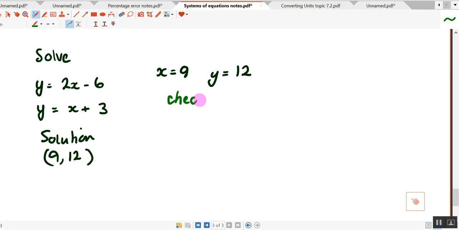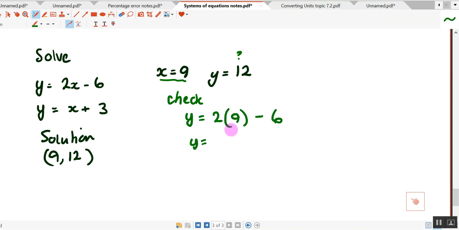Let's do a check. How can I check? Substitute the x for 9. Substitute it in. Let's do it. So let's substitute x is 9 into this and just check I get the answer 12. So y equals 2 times 9 minus 6.